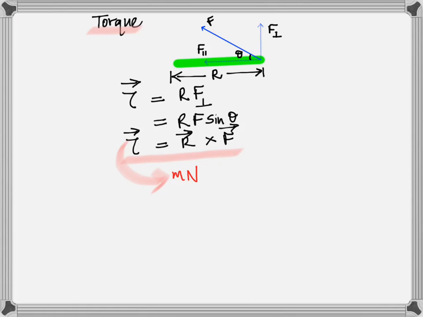So tau is r times F perpendicular, which is r F sine theta. If you take a close look at that figure, you see that the blue arrow shows you the direction of force. It can be broken up into F parallel and F perpendicular. When you calculate the torque, you only take the perpendicular component and multiply it with the distance.